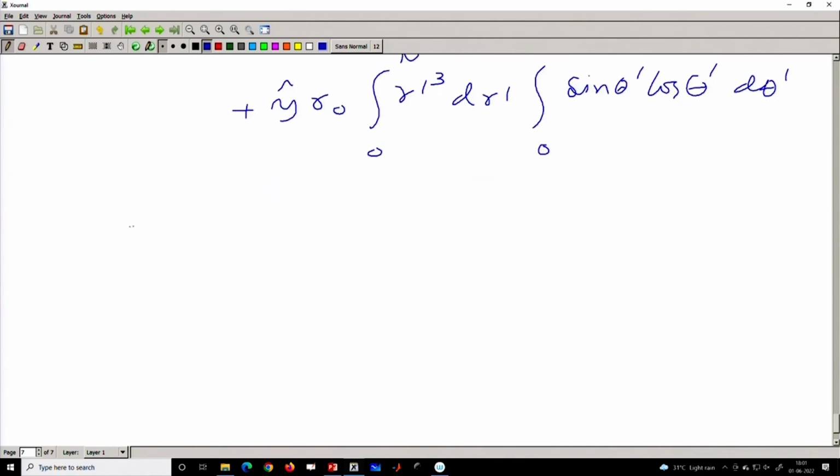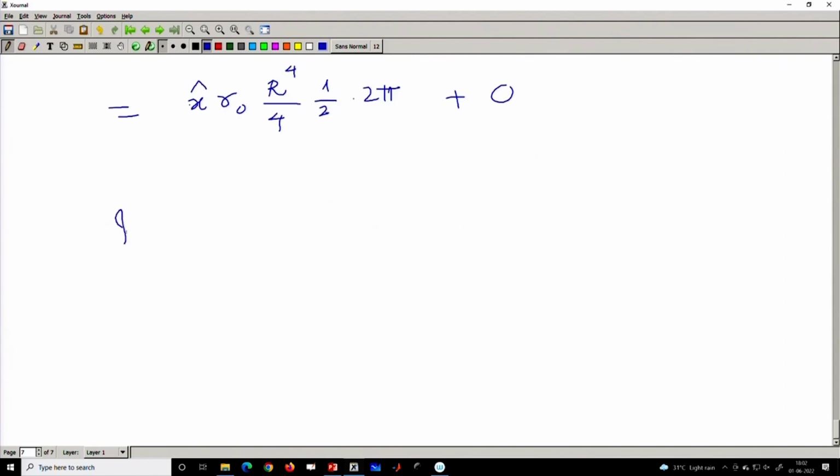So, we can see that this quantity has to be 0, and eventually on the x component, x sigma 0, it should be r to the power 4 divided by 4, and then this quantity is half of 2 pi, and the y component will be 0. If you do the calculation, you will find that.